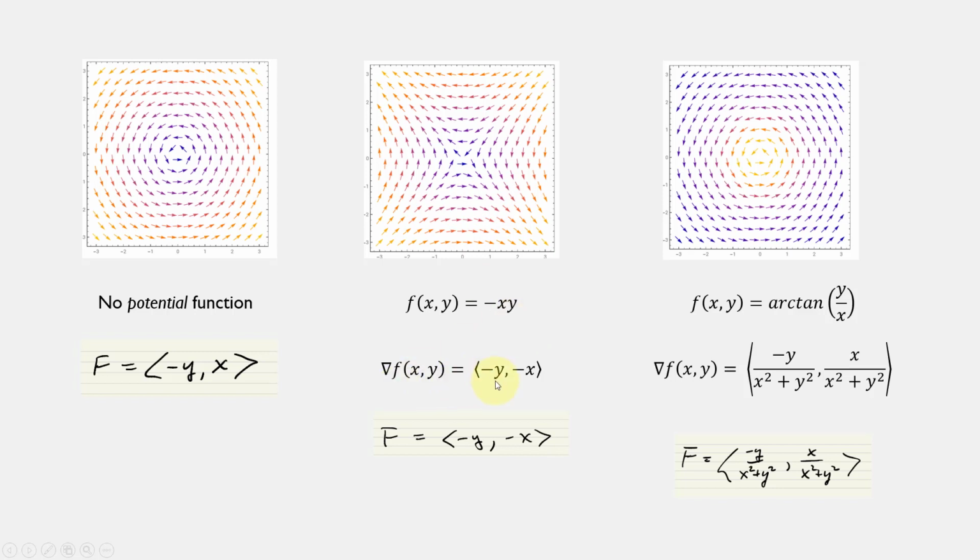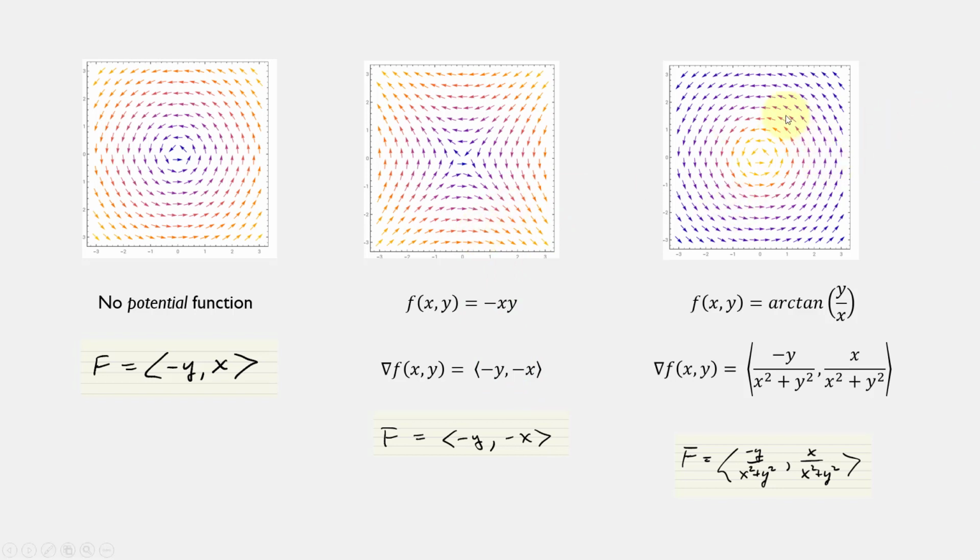This is the gradient. I'm taking a derivative with respect to x in the first component, and so I get negative y. I'm taking a derivative with respect to y in the second component, so I get negative x. So this is the gradient for that function, and graphing it everywhere, this is what it looks like.